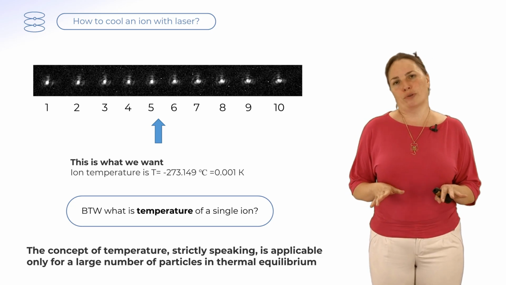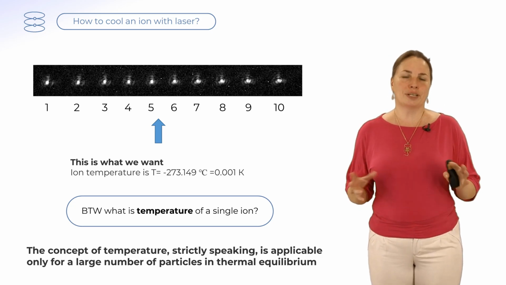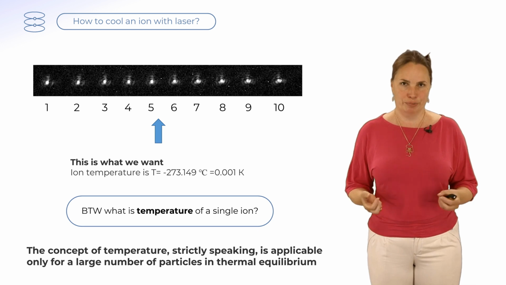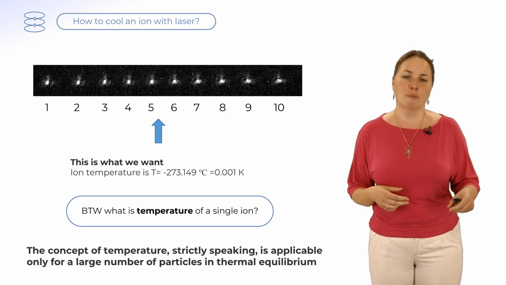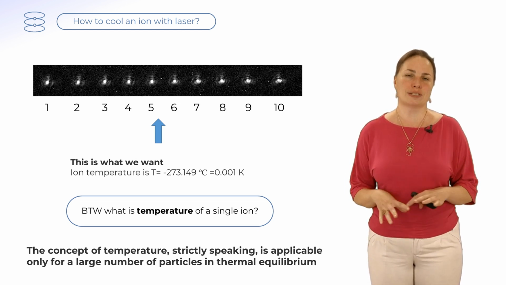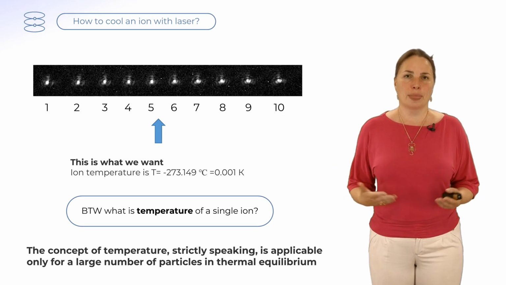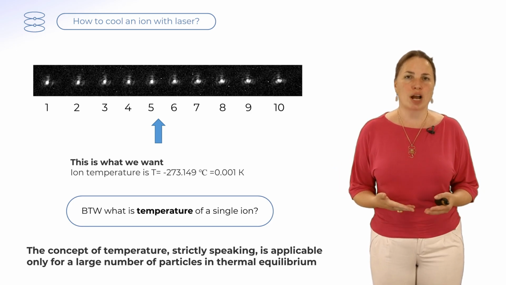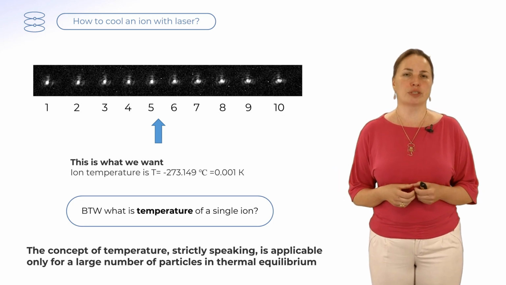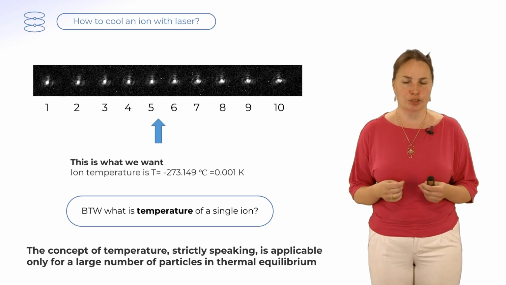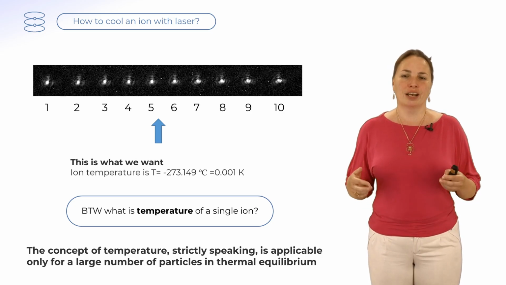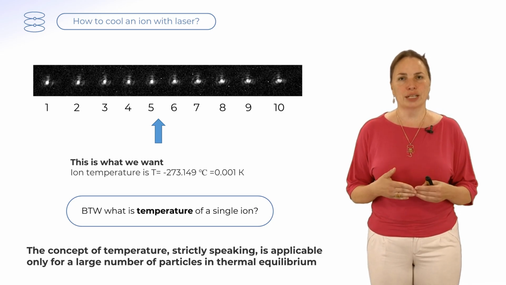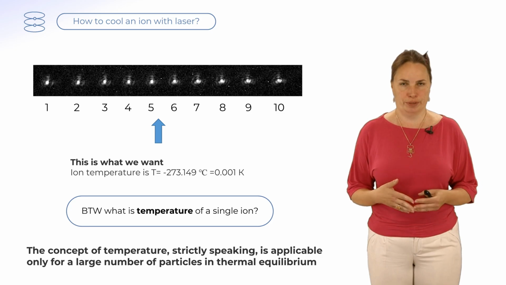Maybe you have heard about it: if the ensemble is in a Maxwell distribution, so if the motion of these particles in the ensemble can be described with a Maxwell distribution, then we can talk about the temperature, because the temperature is very closely connected to the entropy.